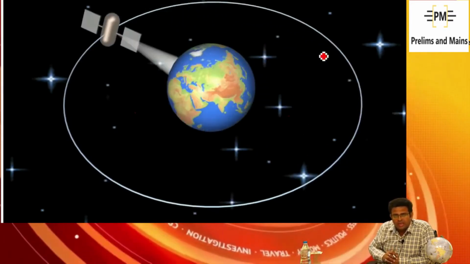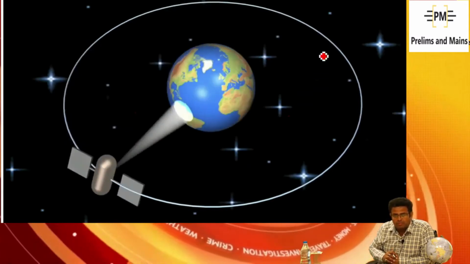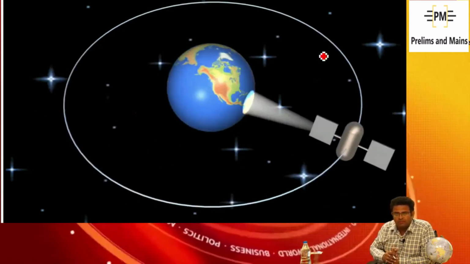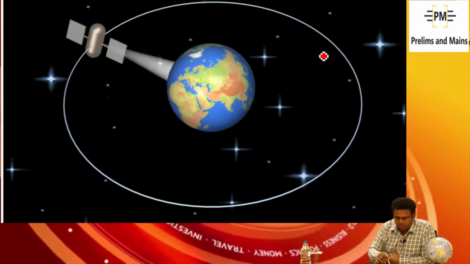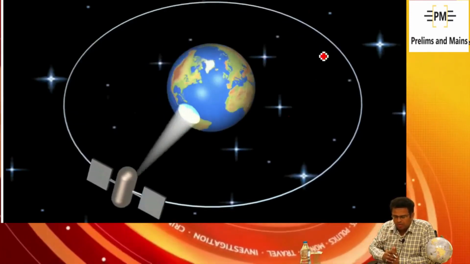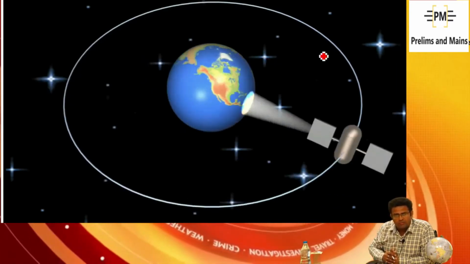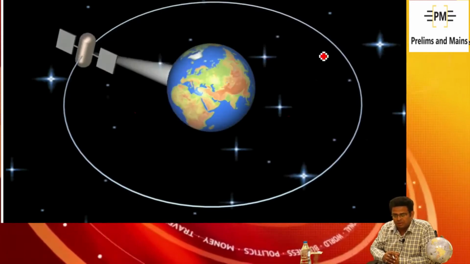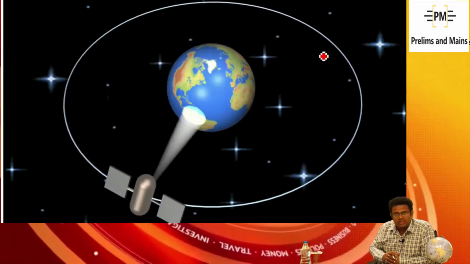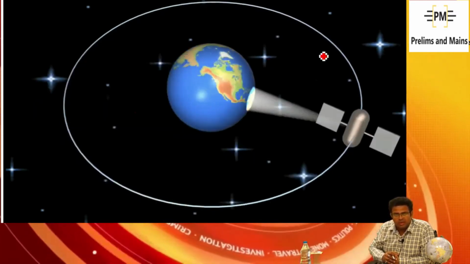So we can say that it is geostationary with respect to a particular position of the Earth. It is always fixed, and it is above the equator. Getting my point?